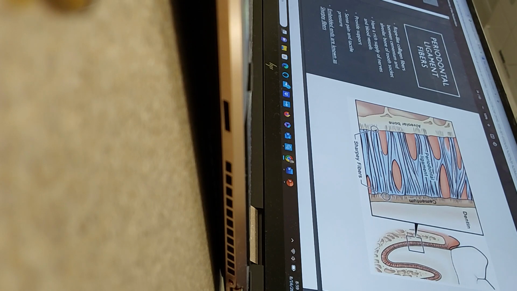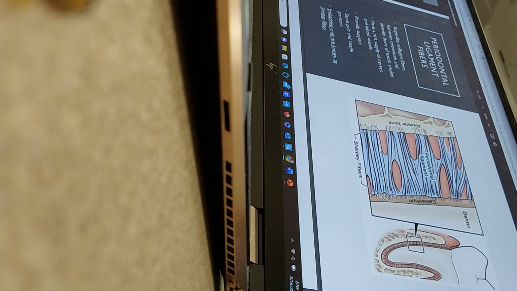Provide support. There's sensory properties to the PDL. So there's pain and tactile pressure. That's why a lot of times if people chew really hard, they might injure the PDL, and it hurts. There are sensory nerves there. And then the embedded ends are known as what? Sharpey's fibers. I think that's a fun word for some reason.